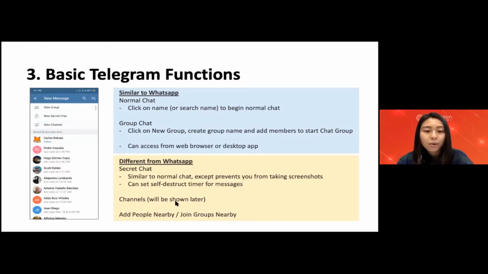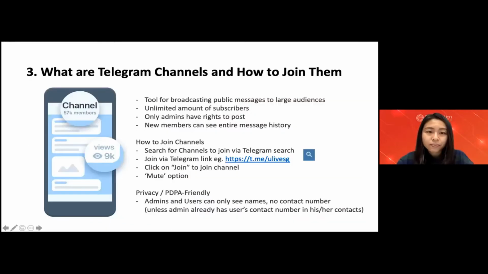So for instance, somewhere in McDonald's, and I'm looking through my Telegram app, I can see other people who are also on Telegram, not their numbers per se, but I can see the username that they have input. So I might have a function to connect to the person that is nearby. So this is what we have for basic Telegram functions.